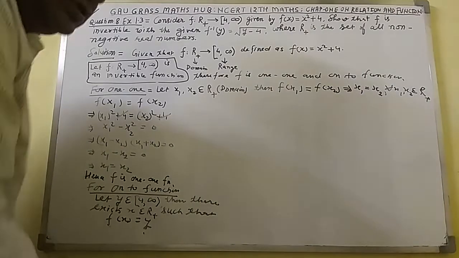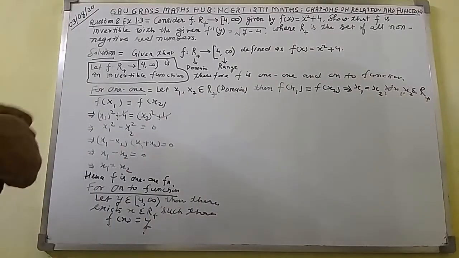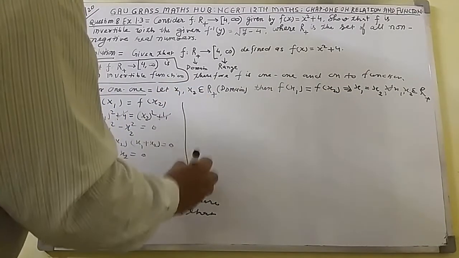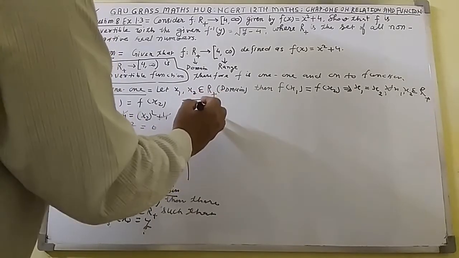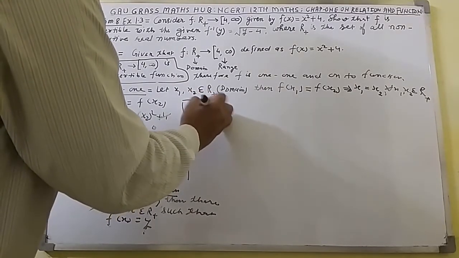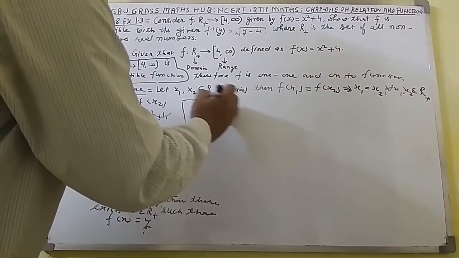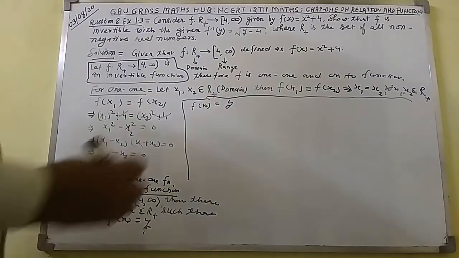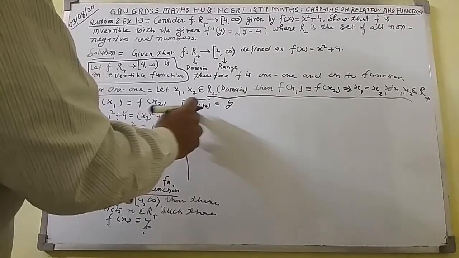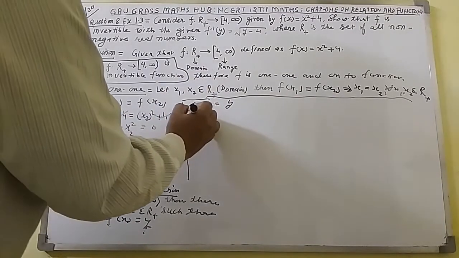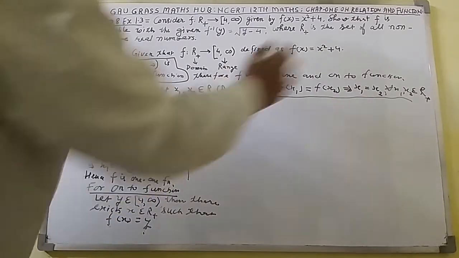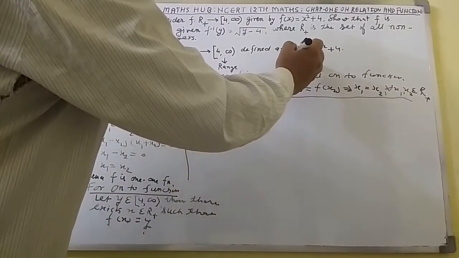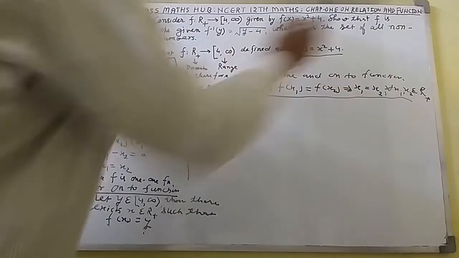So what will we do here? Next we will write, here you have got f(x) is equal to y. So what will we do? This becomes f(x) is equal to y. Now put the value of f(x). The value of f(x) will be taken from this place.